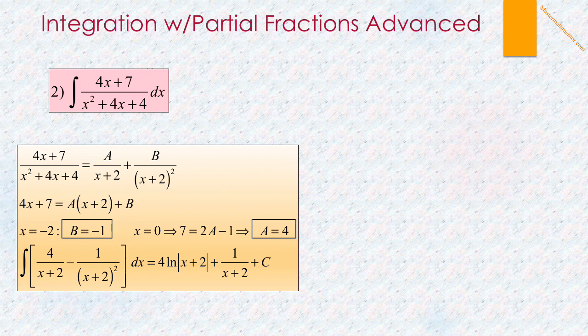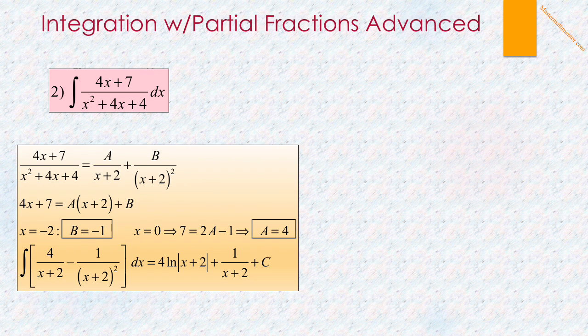Multiplying out by (x + 2)², we get 4x + 7 = A(x + 2) + B. Our first step is to let x equal -2, and that will mean that B equals -1. We then let x be any number other than -2. We'll let x equal 0, and we get 7 = 2A - 1, and therefore A is equal to 4.